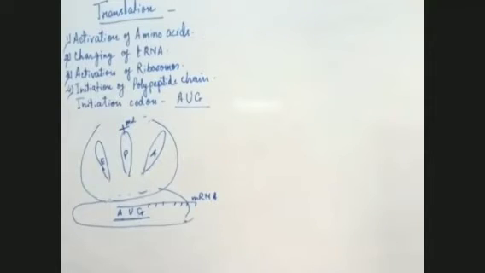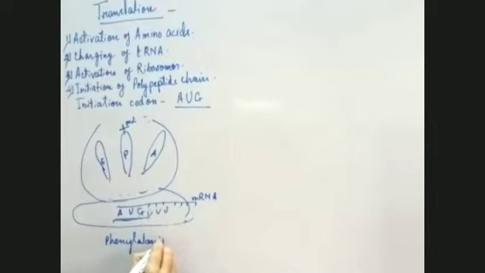The rest of the triplet codons are different in different messenger RNA, but this is the same in all because this is the initiator codon and it is accepted by the P site. Now suppose the next is UUU. This UUU codes for the amino acid phenylalanine.